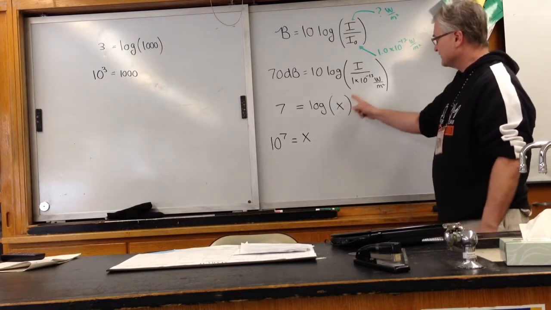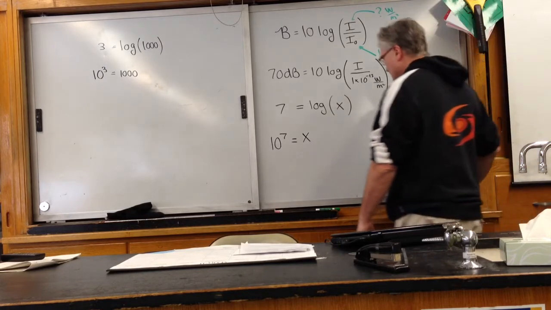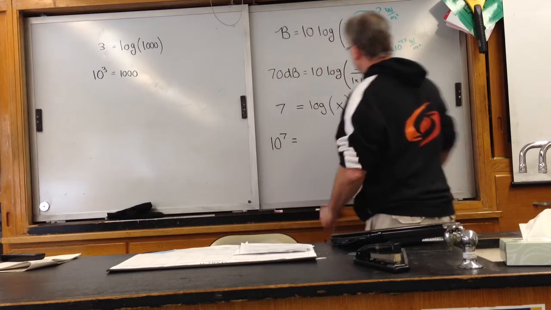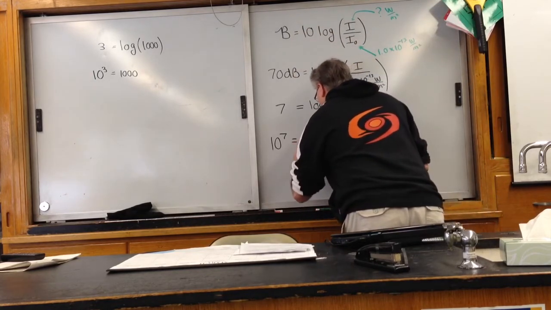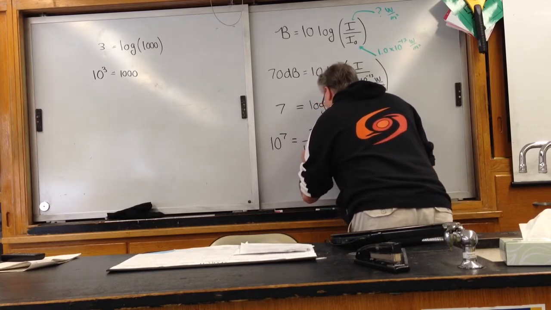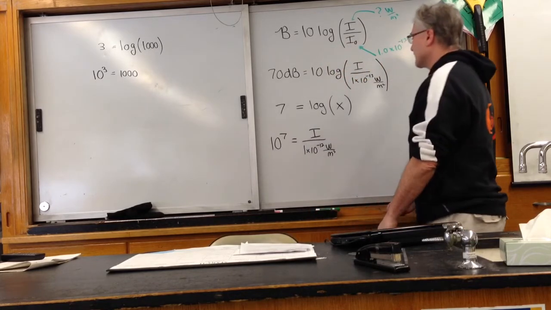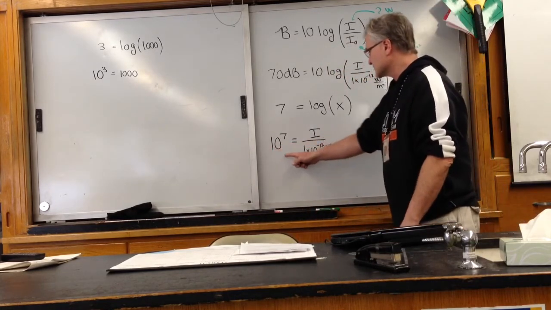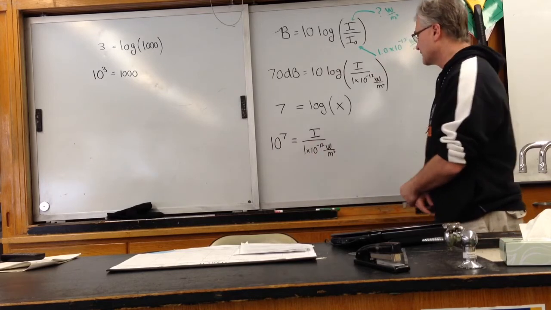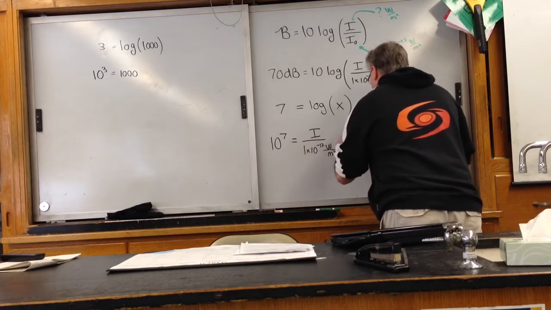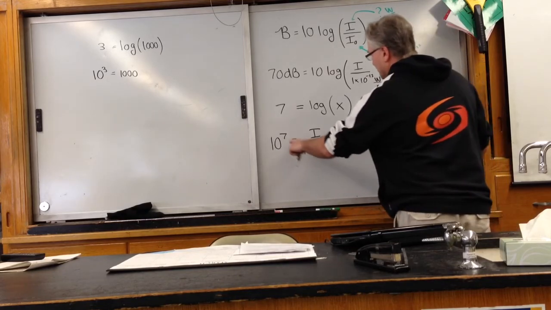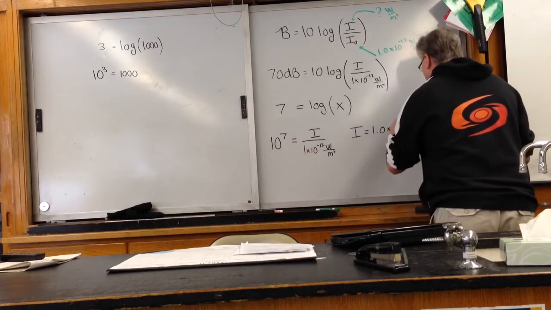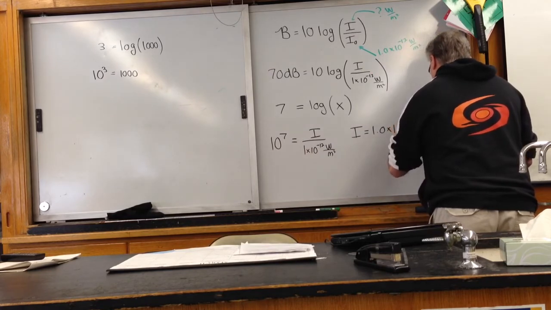Well, what is the stuff inside the log symbol? I can get rid of the x here and put in what's actually inside there: I divided by 1 times 10 to the negative 12 watts per meter squared. If I multiply this out, 10 to the 7th times 10 to the negative 12th, we add the exponents, and I is going to end up being equal to 1 times 10 to the minus 5th watts per meter squared.